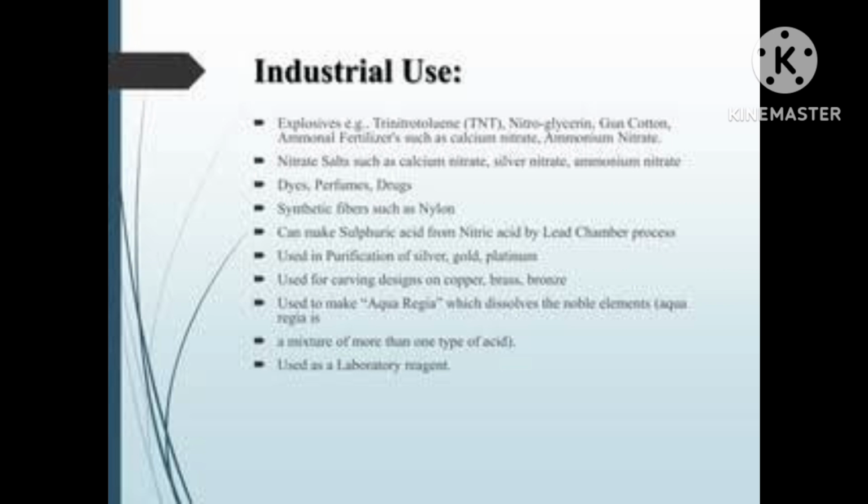Now this NO gas, its role will come. Fe2 plus was there, ferrous, which you have taken in excess, and water is also there, because that was the solution. Then that ferrous exists in the form of Fe(H2O)6 2 plus. This is actually a complex ion.